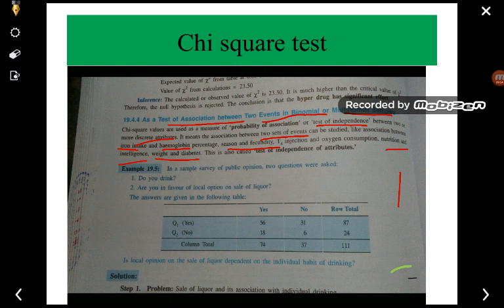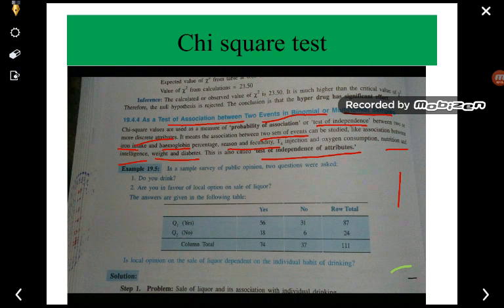Weight and diabetes: is there any association between weight and diabetes? These are the various examples we can check by means of the chi-square test. This is also called the test of independence of attributes. Here two attributes are checked to see whether they depend on each other or not.